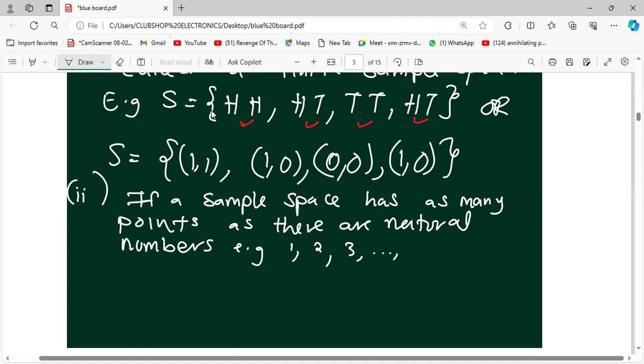In other words, this sample space has infinite points.